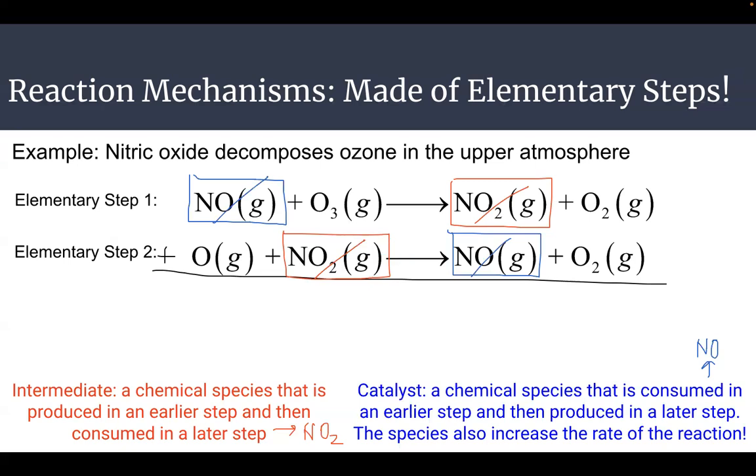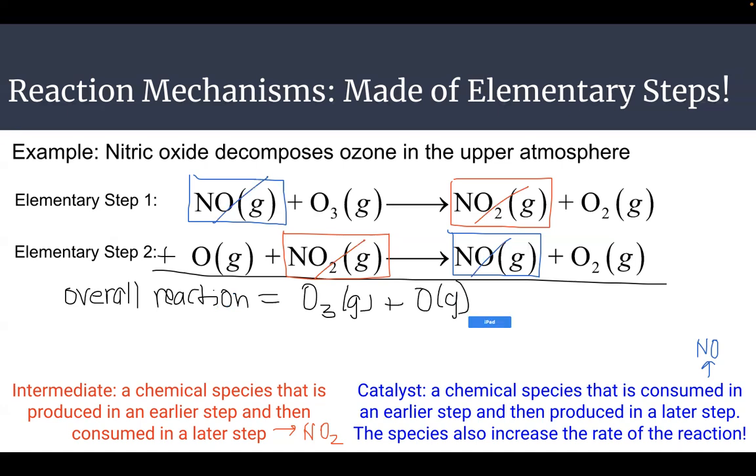So my overall reaction is going to be ozone, O3 gas, plus singlet oxygen, O, reacts to form 2 O2 gases. And that's my overall reaction.